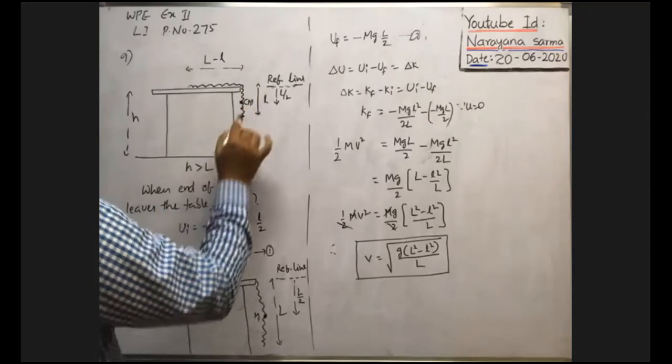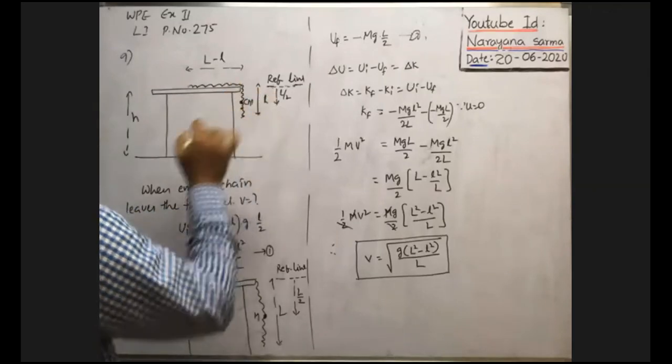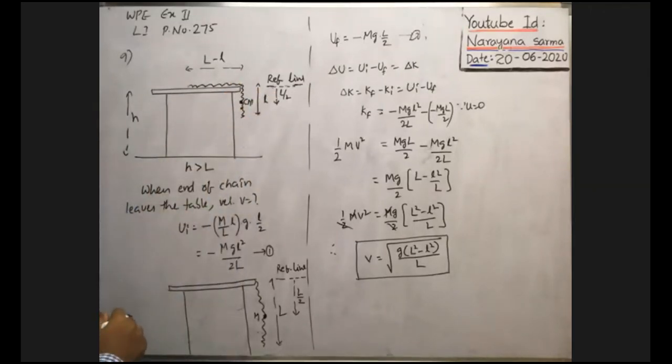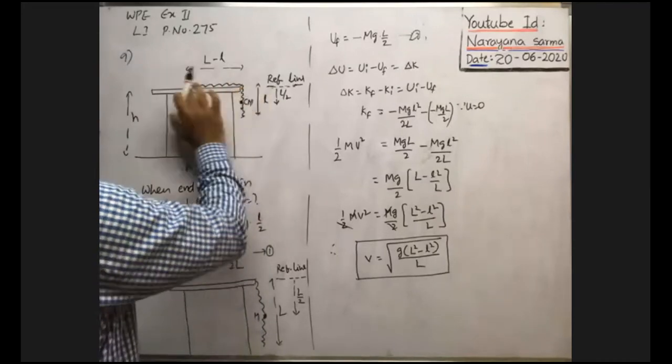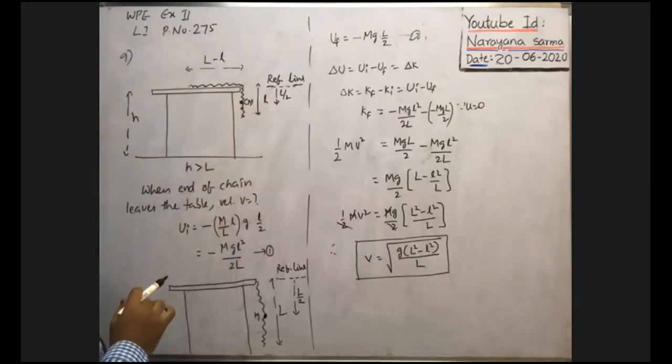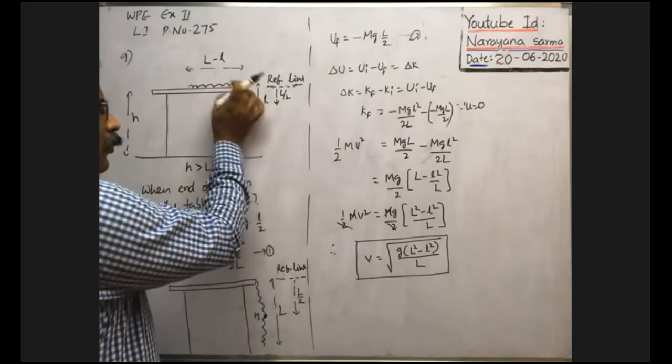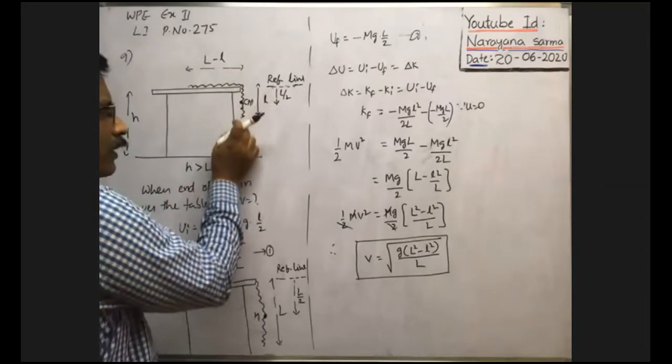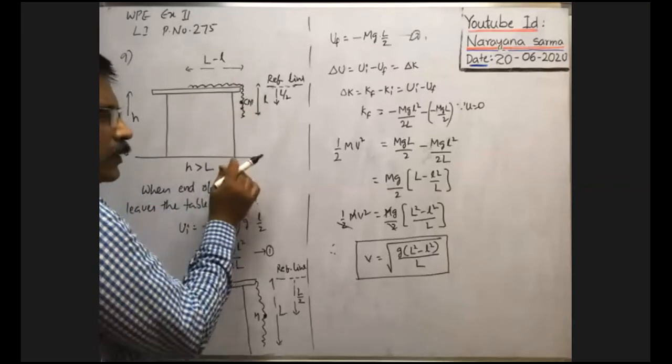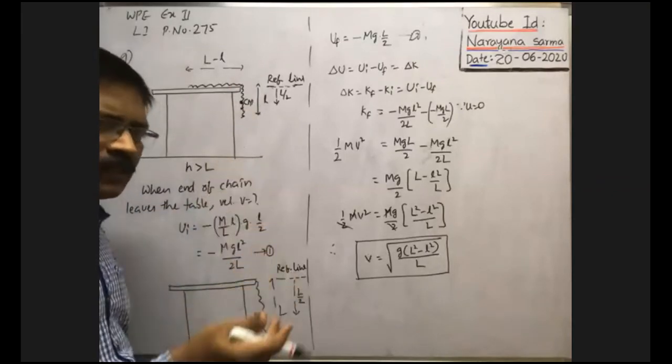At initial, the smaller length of the chain is hanging from the edge of the table, that is given. Okay, but because of gravity, as the chain starts falling like this, work is done by the gravity only. Because of gravitational force or weight of the body only, the chain is falling like this, sliding like this. Okay, that means work is done by the gravity. Gravity is the conservative force.